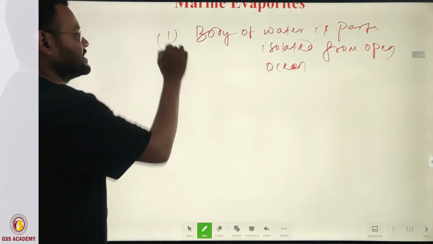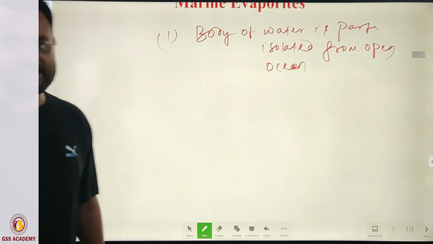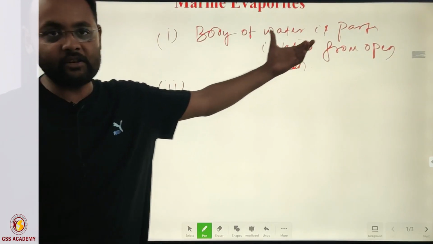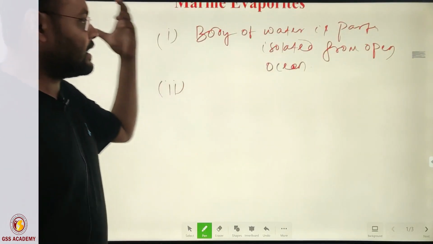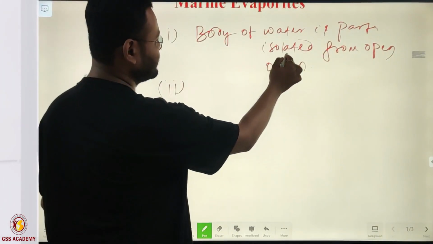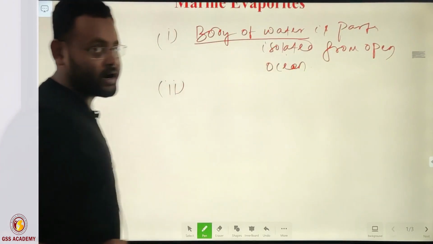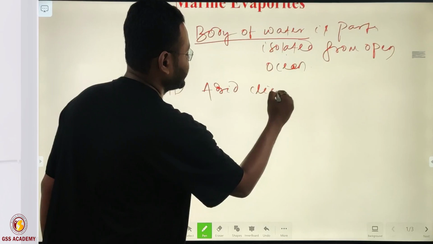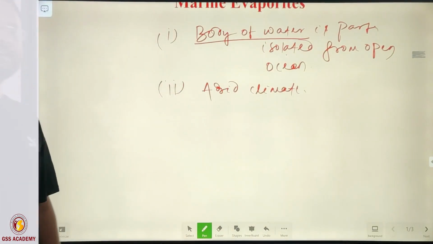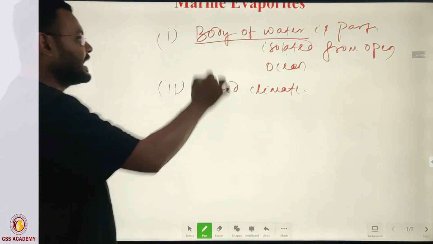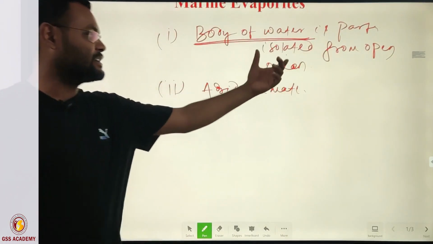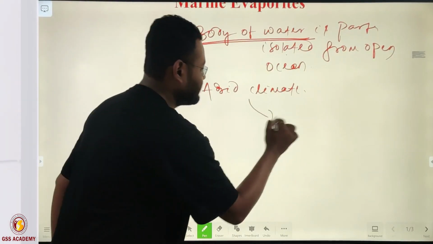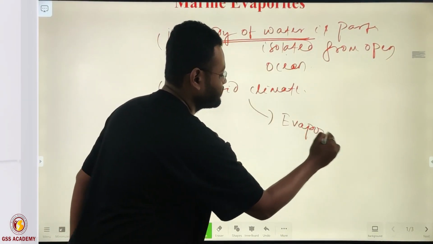This is the first condition required for the precipitation of evaporite deposits. Second, this isolation alone will not work. The body of water must also be present in an arid climatic setting. That means when a body of water is partially isolated from the open ocean in an arid climatic setting, the evaporites start to deposit.